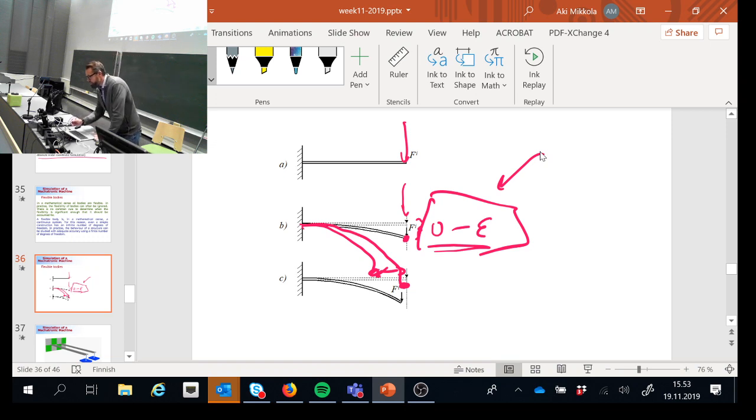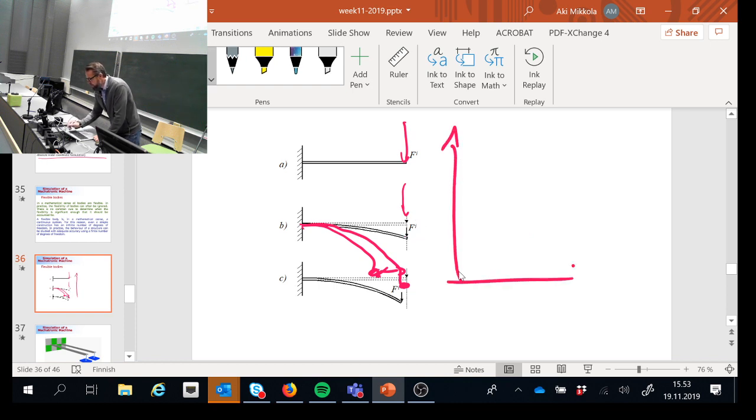Then there is also material nonlinearity, because strain is associated with stresses. Let me make a better drawing. Stresses. How is this relation? There are these famous curves that show how steel materials behave. This is strain and this is stress.